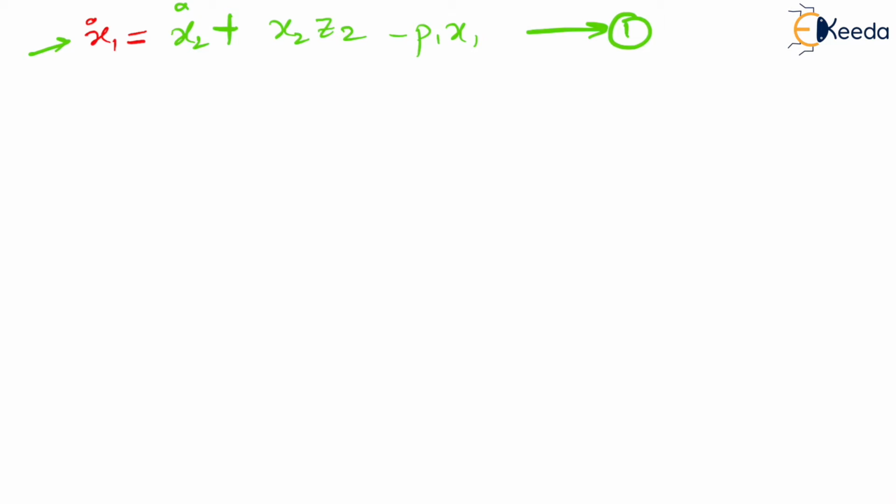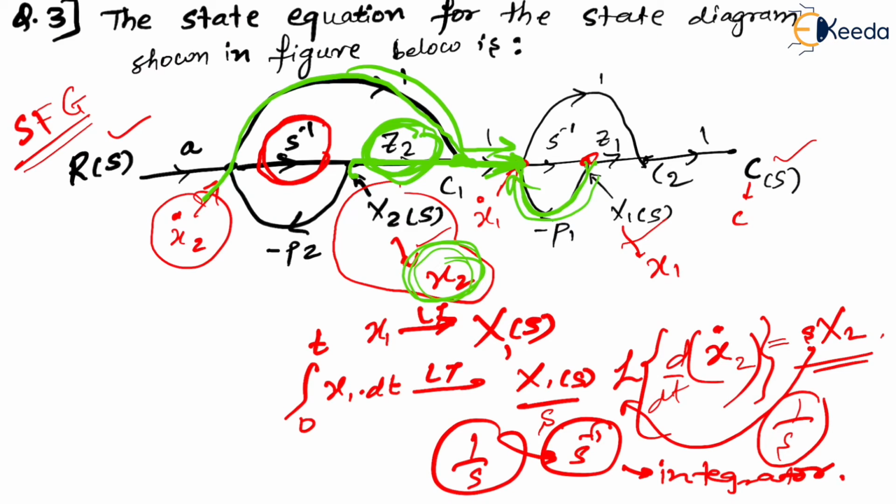Now let us think of what is happening at node x2 dot. This is the node x2 dot. At x2 dot, this is incoming and this one is incoming. This is r, in small letter it becomes r in time domain, so it becomes r into a.